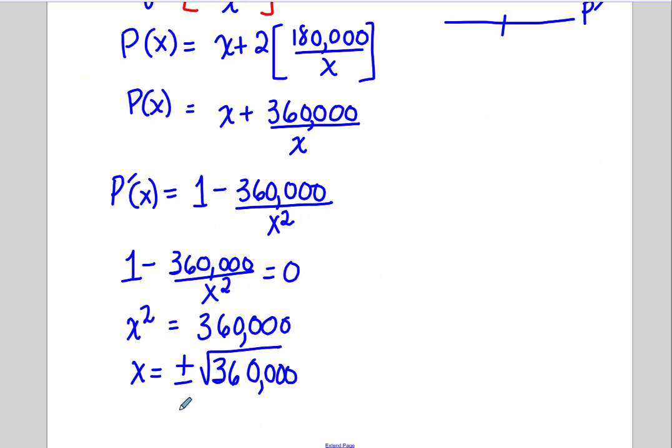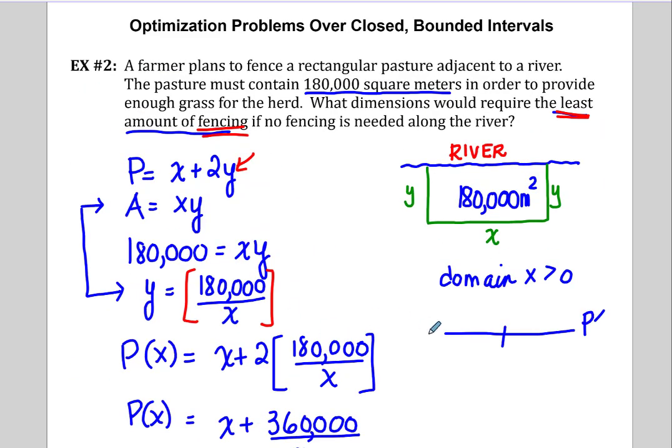We can't have negative 600, but we could have positive 600. So negative 600 would be outside of our constraint. So we got to have something bigger. And if 600 is our critical value, that's where we had a derivative of 0, then here we would be negative and here would be positive. So definitely at 600 we have a minimum.